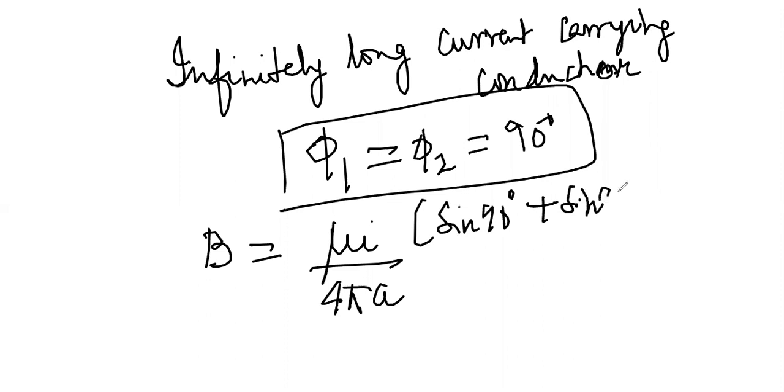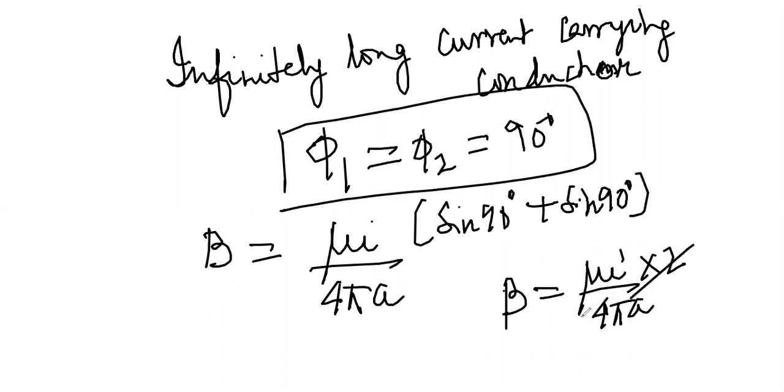Sine of 90 is 1, and 1 plus 1 is 2. So B equals mu I by 4 pi a into 2, the 2 and 4 cancel, so B equals mu I by 2 pi a.